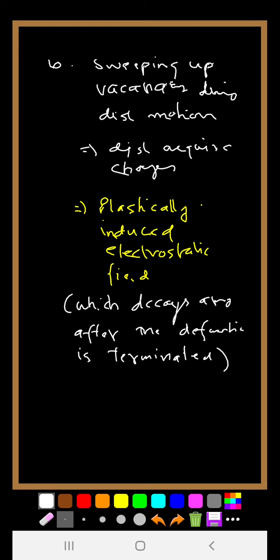Now, high temperature plasticity can occur by thermally activated mechanisms which are too slow to be of any consequence at room temperature.